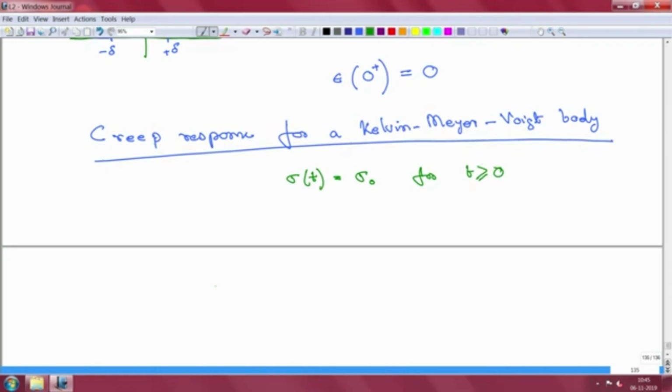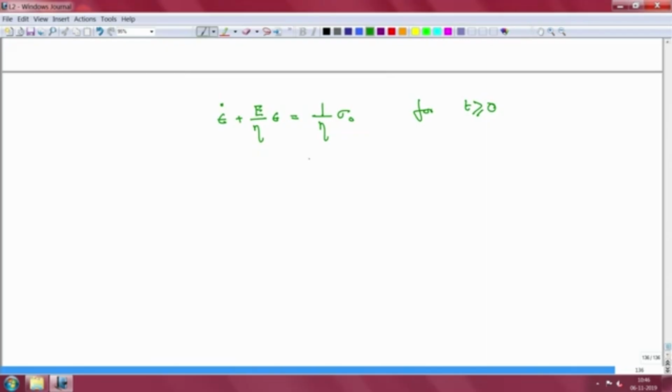And now we have to solve this particular equation, epsilon dot plus E by eta epsilon is equal to sigma naught by eta. This is your governing ODE for t greater than 0. This value is constant here.